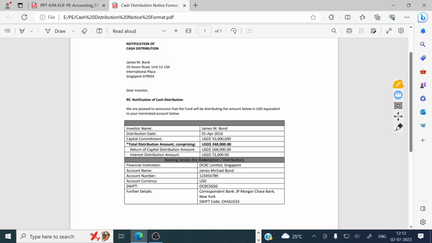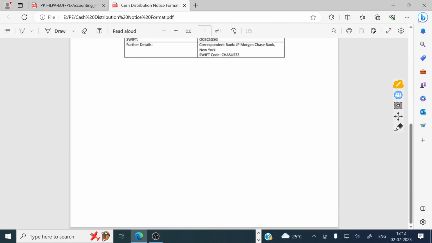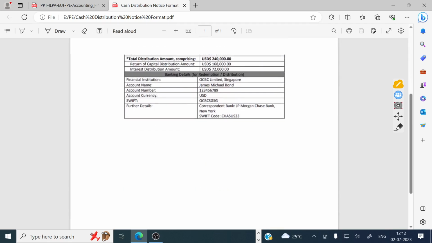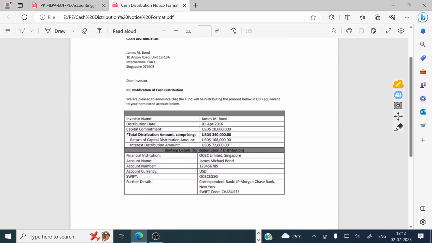Sometimes in a formal mail you can process all these transactions, or record the entries in the books of the fund, or sometimes you would require a formal notice like this with the company seal, right? So you might require that document also. But eventually it's a notice that defines terms.